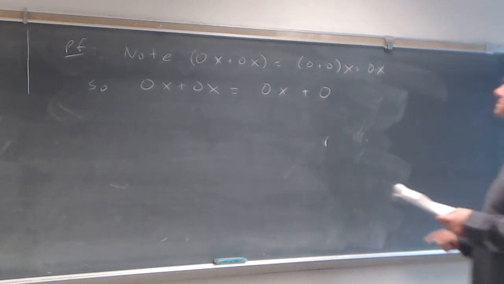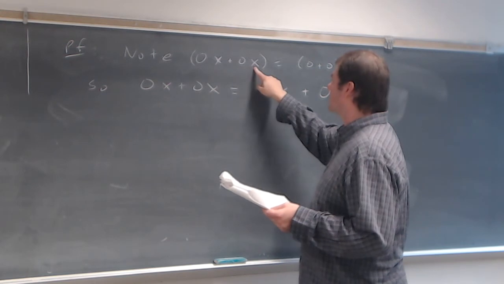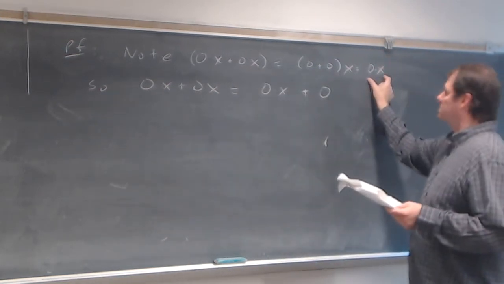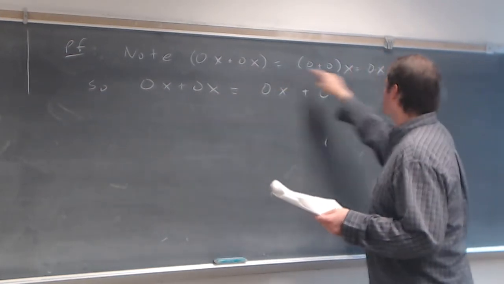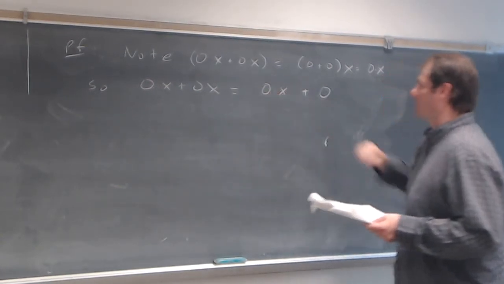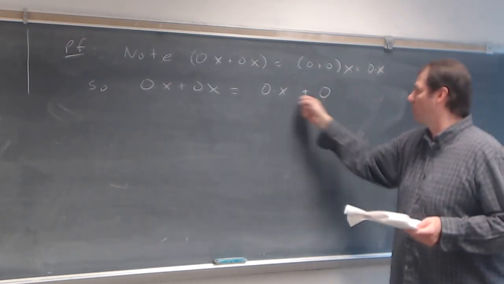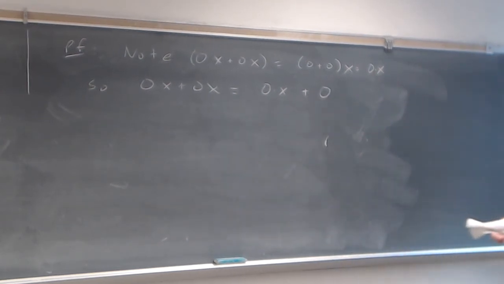Here's how we're thinking about this. 0 times x plus 0 times x is equal to 0x. That part we've established here. And then we're just adding 0 to this, because 0 times x is 0 times x plus 0.